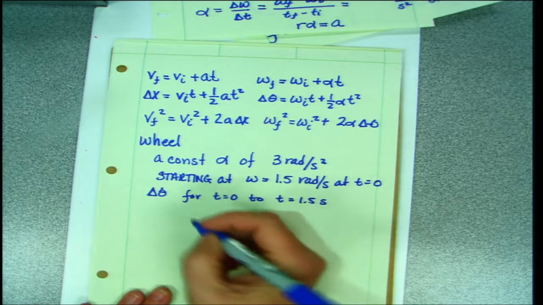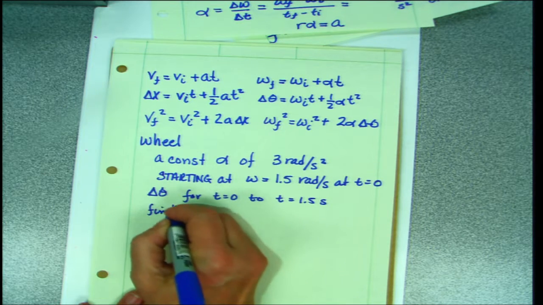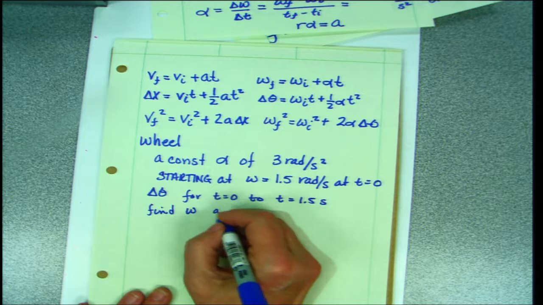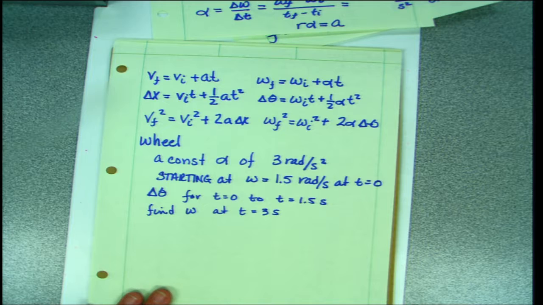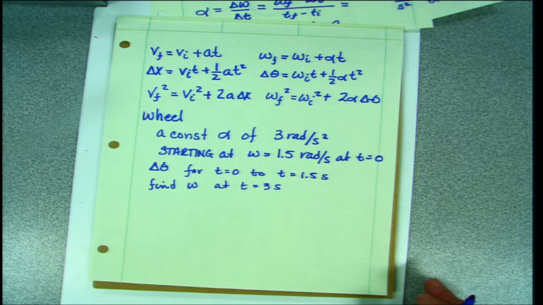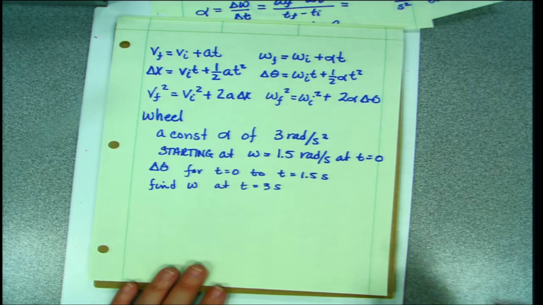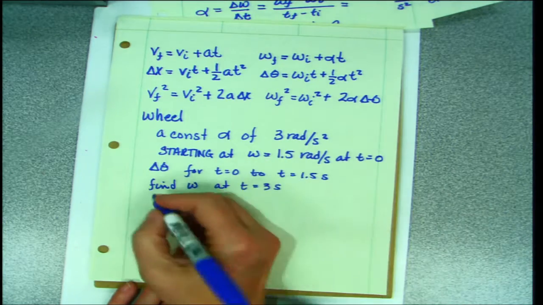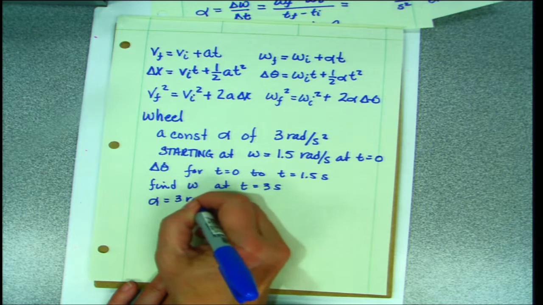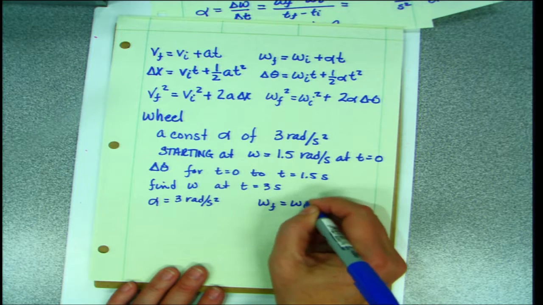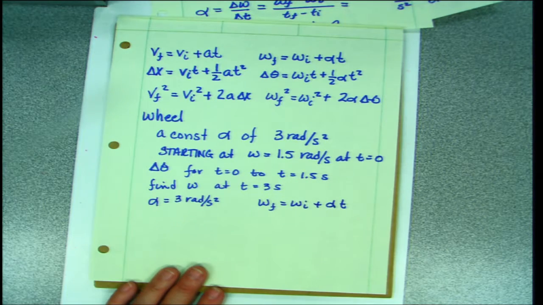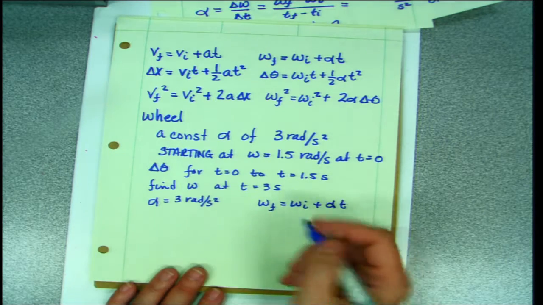So I've got that my angular acceleration is equal to 3 radians per second squared. I've got omega final is equal to initial plus alpha t. So I can do this one real quick, because my final is going to equal my initial plus alpha t, and my initial was 1.5 radians per second. I'm traveling at 3 radians per second squared. And we're at 3 seconds.